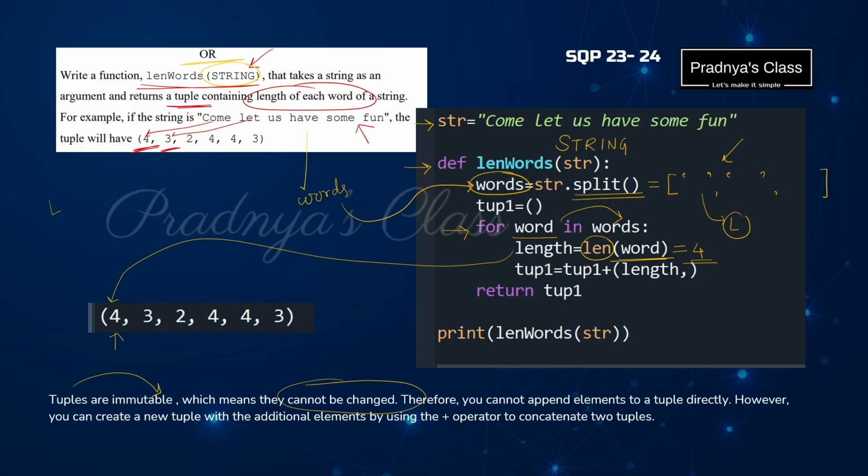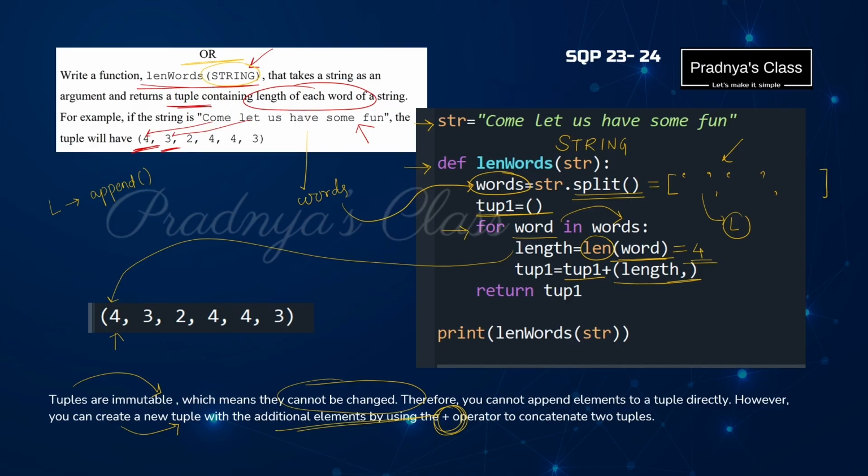If it would be a list, the task would be easy. We just need to use the append function. But in case of a tuple, we have to do some other arrangement. For that, what will we be doing? We will be creating one new tuple with the additional elements, and that we will concatenate using the plus operator. So here is the empty tuple, tuple1, in which we need to add all the lengths.